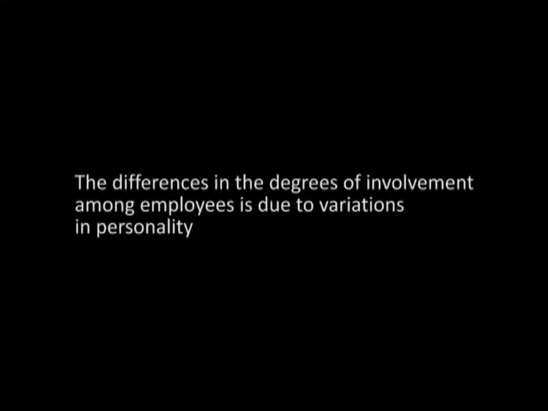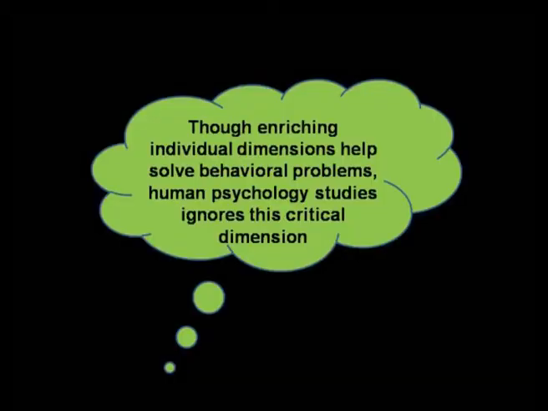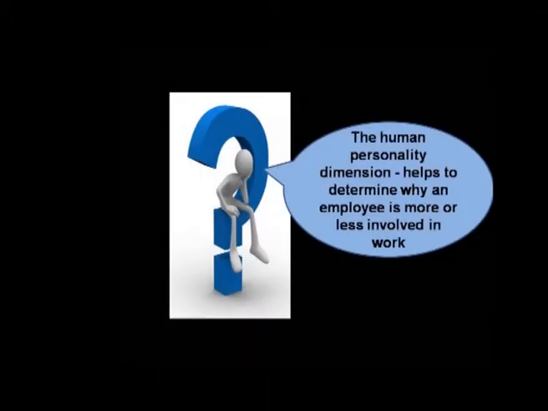These differences may be due to variations in personality, a key individual difference variable. Thus, even though enriching individual dimensions might help solve behavioral problems and thereby contribute to organizational effectiveness, human psychology studies continue to ignore this critical dimension. The human personality dimension also might provide a means to determine why an employee appears more or less involved in work.